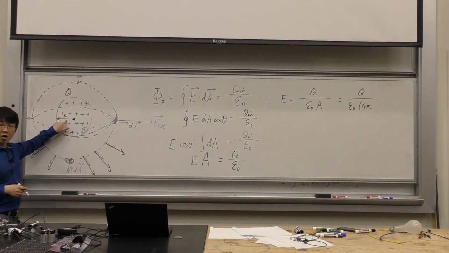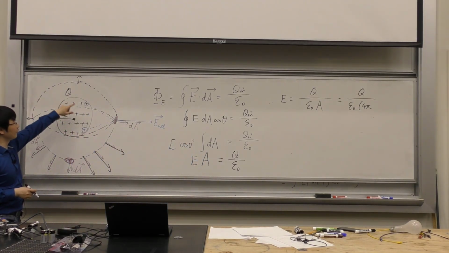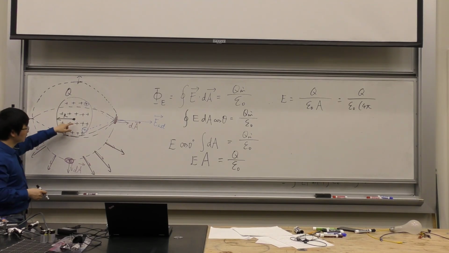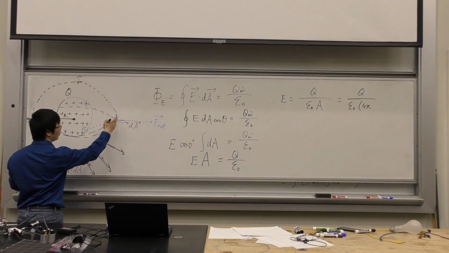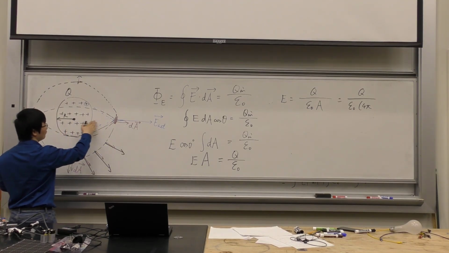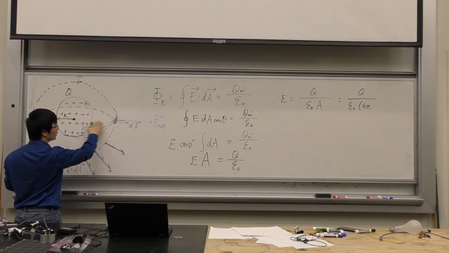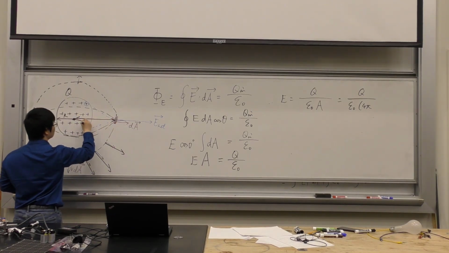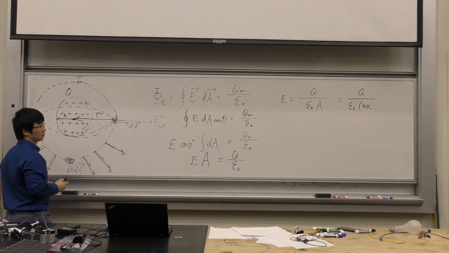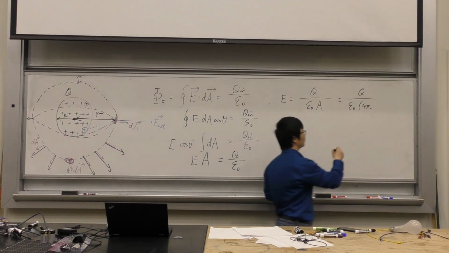It's not the big R, because I'm not using this surface. I'm using the surface I drew, totally imaginary, which has this point on it. So whatever this distance is, that's going to be the radius, right? So if you tell me this is a little r, that's going to be 4 pi little r squared. It's not going to be bigger.